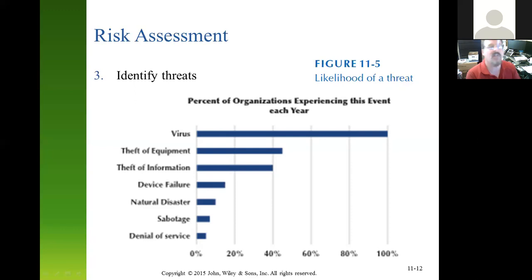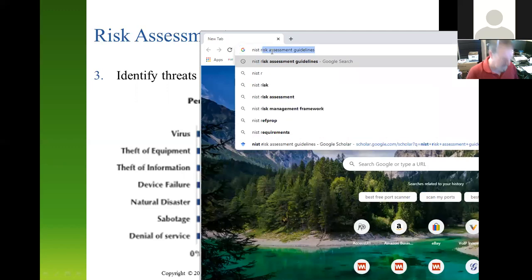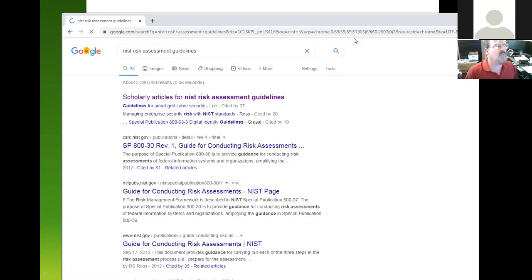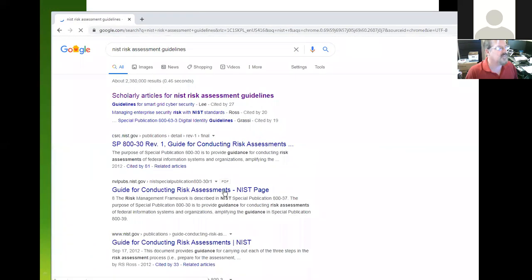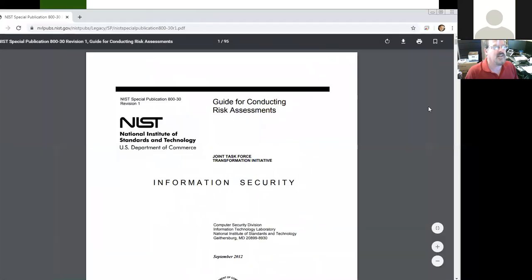And then also, go review, and you can just, like I said earlier, go Google for NIST risk assessment guidelines. Download and read through the guide. Here's the easiest one to start with: Guide for Conducting Risk Assessment. It's not very long.